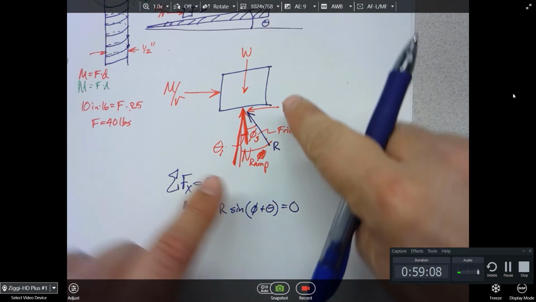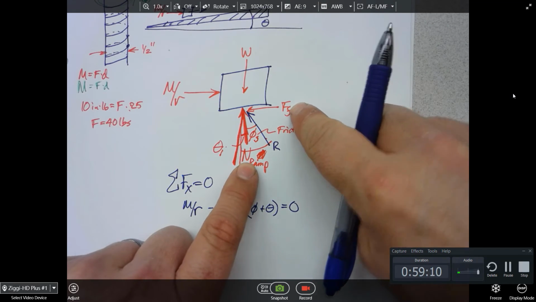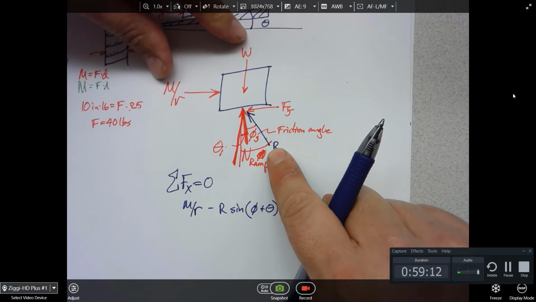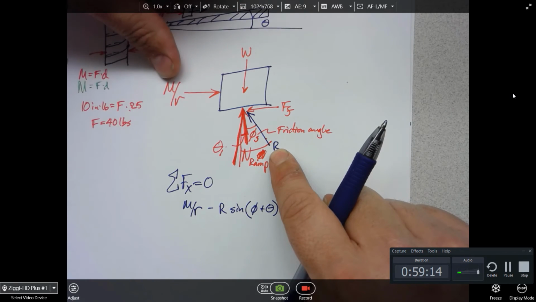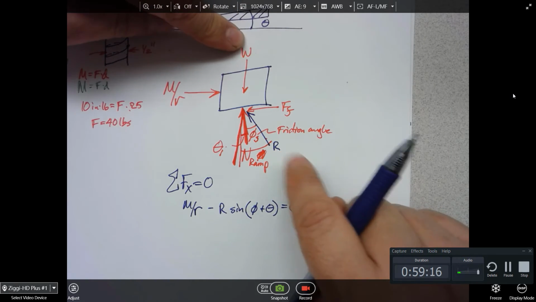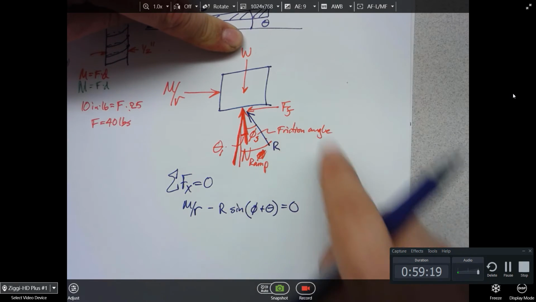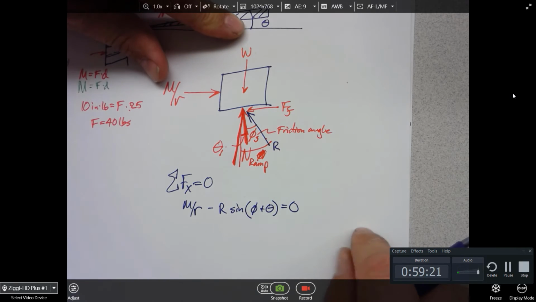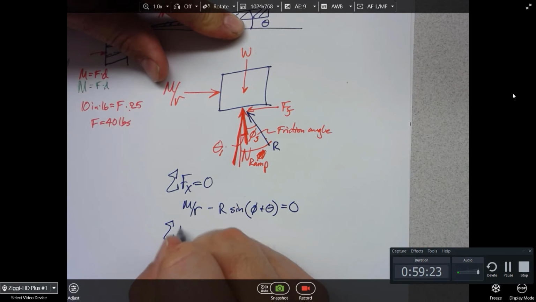Essentially I'm combining the normal and the force of friction into this R, so there's only 3 forces to consider: the force caused by the moment, the weight, and the resultant of the normal and the force of friction.